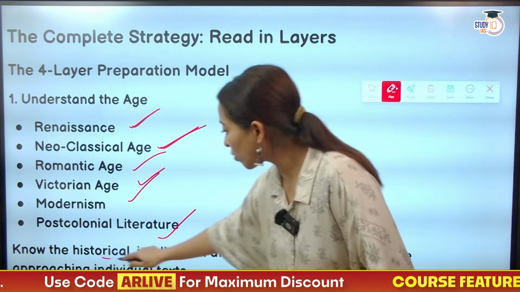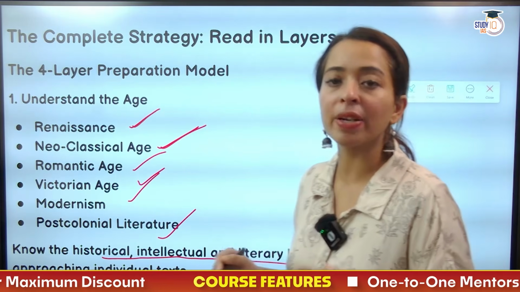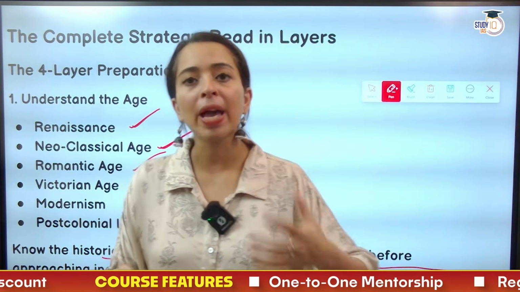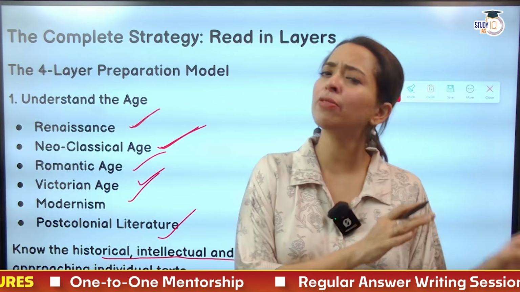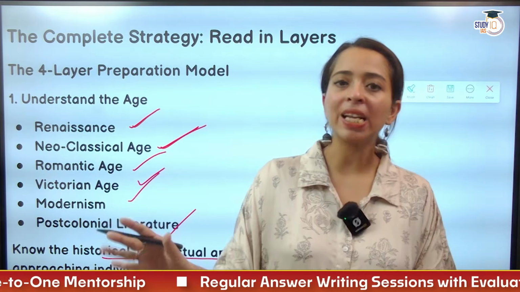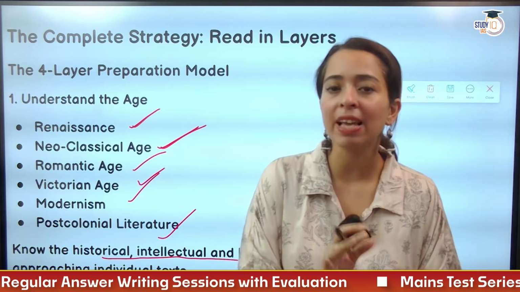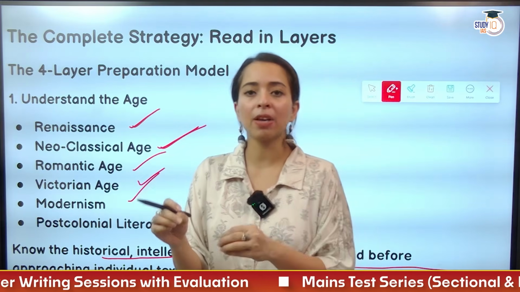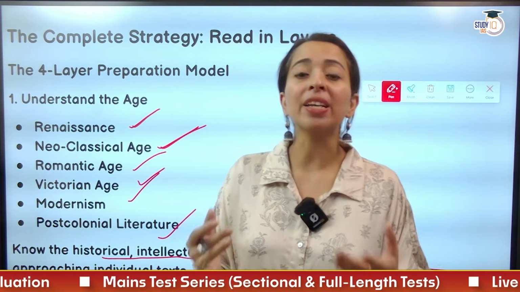Now, you have to know the historical, intellectual, and literary background before approaching individual texts. Once you are aware of this entire history of English literature, it will be a very smooth sail for you to understand these texts. Why? Because again, as I say, it's not class 6th, 7th. It is your UPSC level. They do not want to know what the story says. They want to know why the writer has written this.